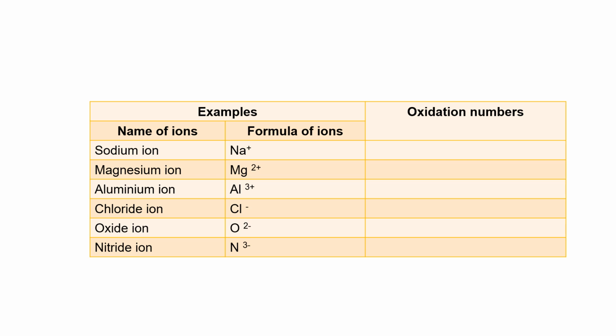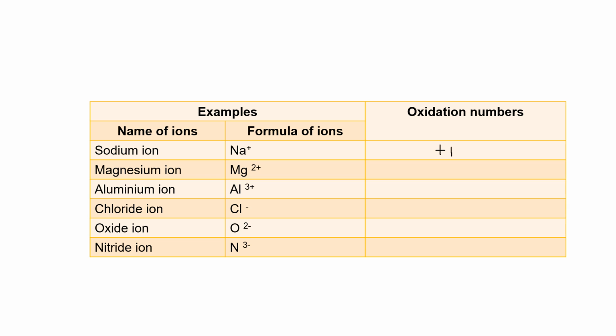The formula of sodium ion is Na+. The plus is written as a superscript, up above. So the oxidation number for sodium ion is +1.